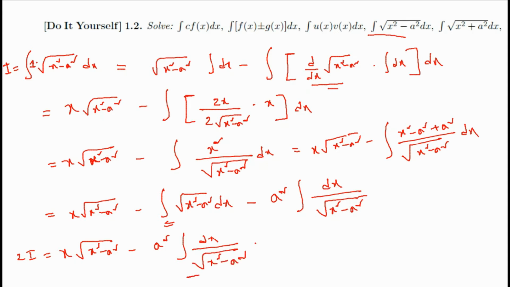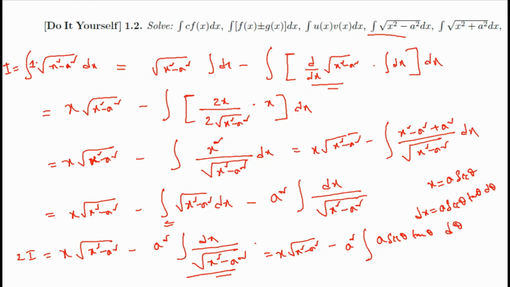Here for this integration you can put x equal to a sec theta, then dx equal to a sec theta tan theta d theta, and in the denominator you will get a tan theta, so a tan theta gets cancelled, and you will get x root x square minus a square minus a square log sec theta plus tan theta plus c.